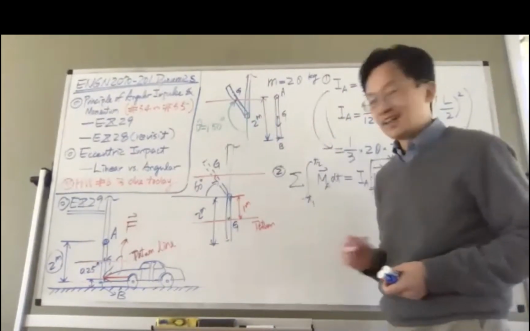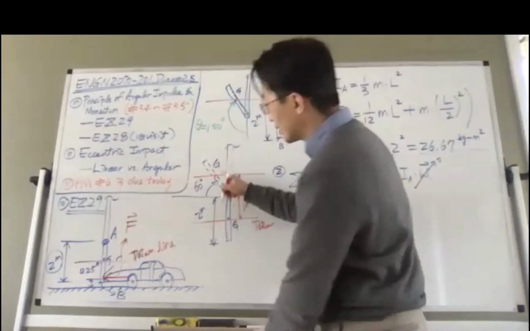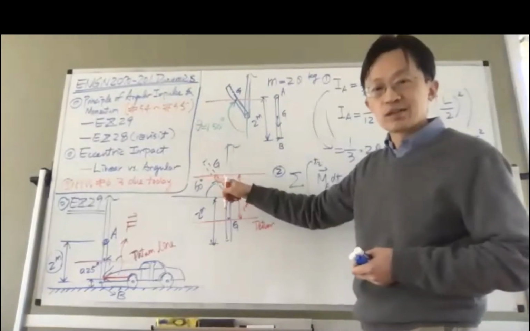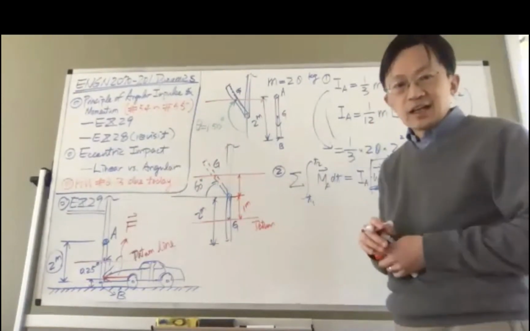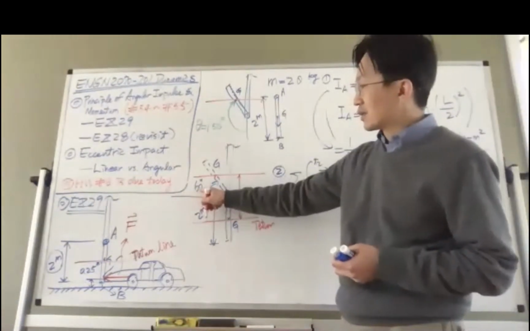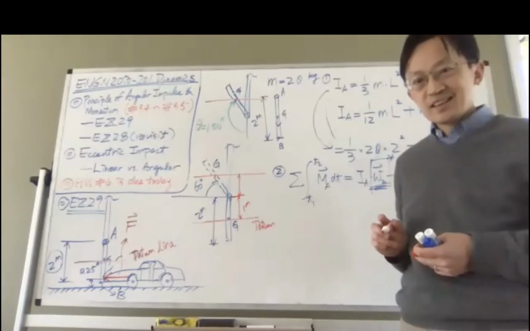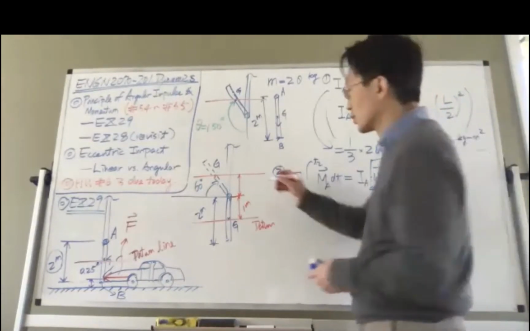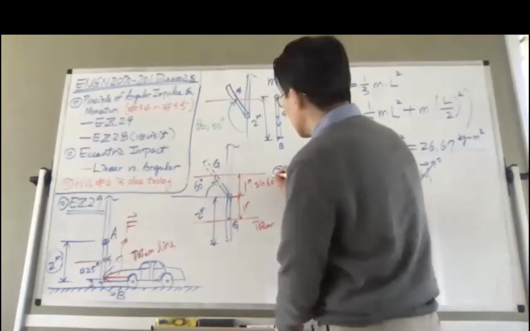Right? What about this part? It's 1 meter times, is it sine or cosine? If you use 60, of course, because there's 30, there's 60 here. Sine, right? So this is 1 meter times sine 60 degrees.